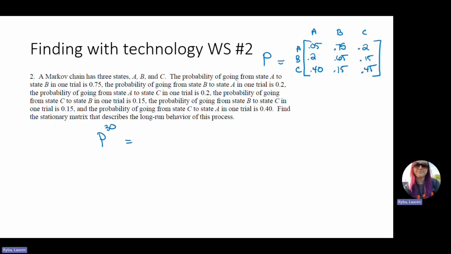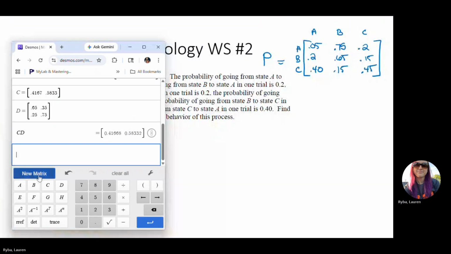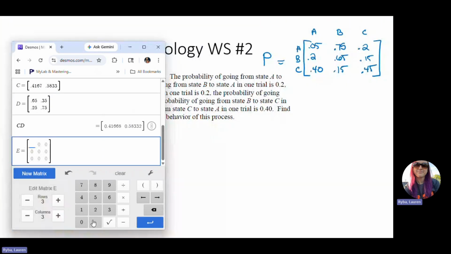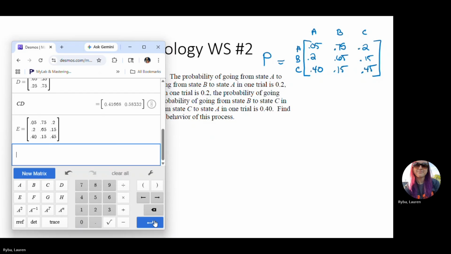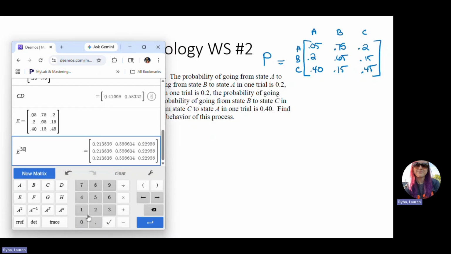When I put in this 3 by 3 matrix, 0.05, 0.75, 0.2, 0.2, 0.65, 0.15, 0.40, 0.15, 0.45, I'm going to raise it to, like I said, the 30th power.